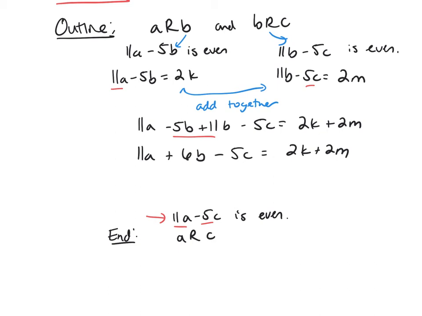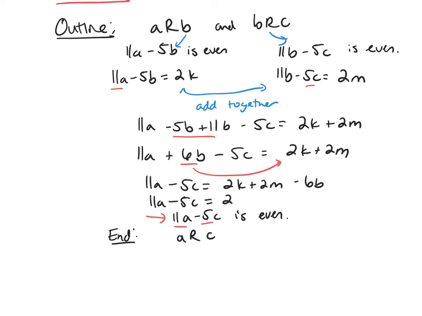And then I can move this 6B to the other side here. So I'll get 11A minus 5C equals 2K plus 2M minus 6B, which I can now factor out a 2: K plus M minus 3B. So this shows that 11A minus 5C is even.